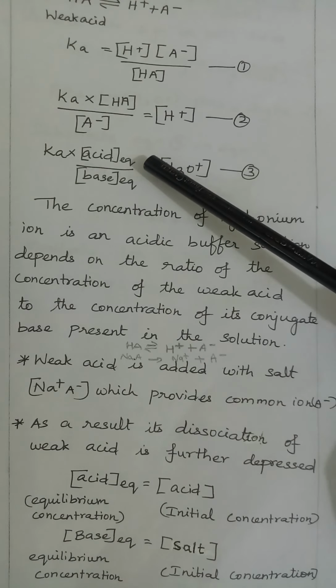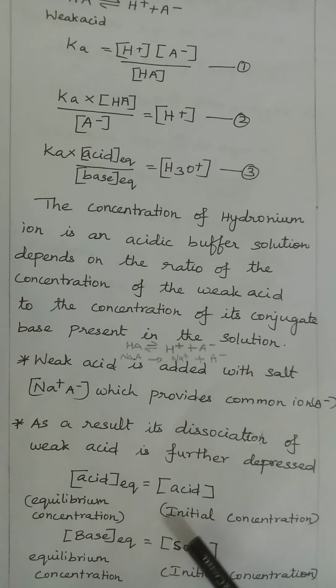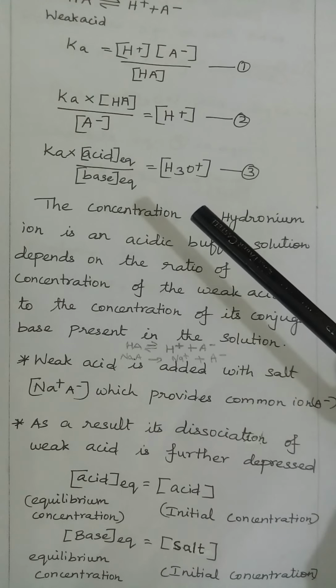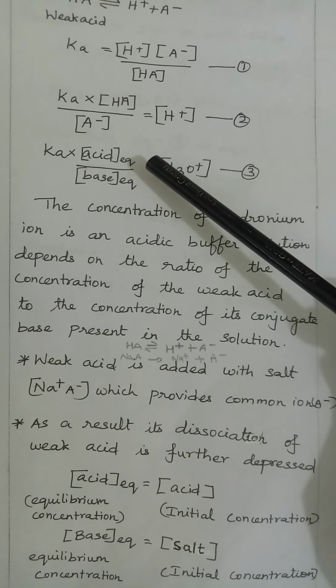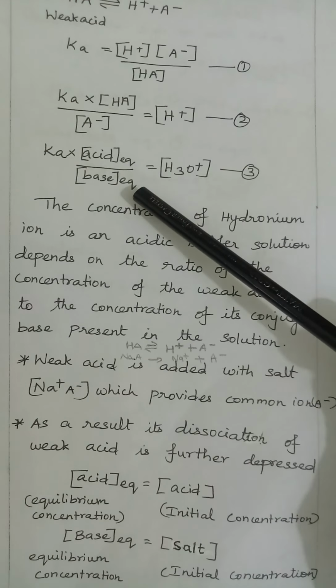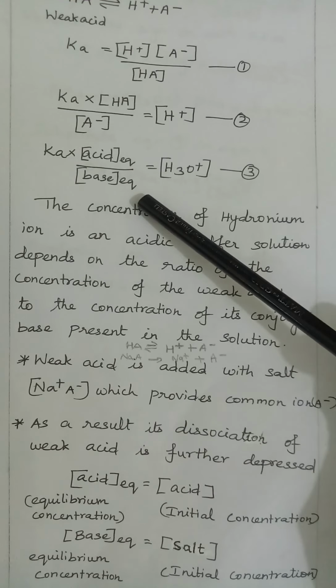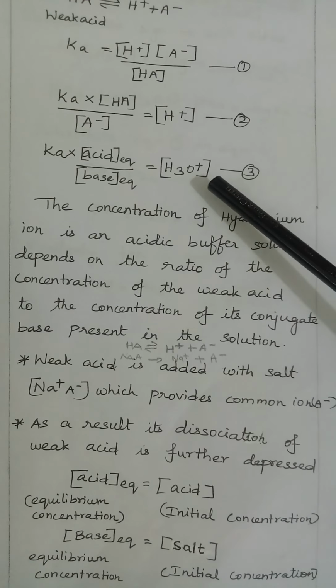The equilibrium concentration of acid is equal to the initial concentration of the acid. The equilibrium concentration of base is equal to the initial concentration of the salt. So equation 3 becomes Ka into initial concentration of the acid divided by initial concentration of salt, that is equal to H3O plus concentration.